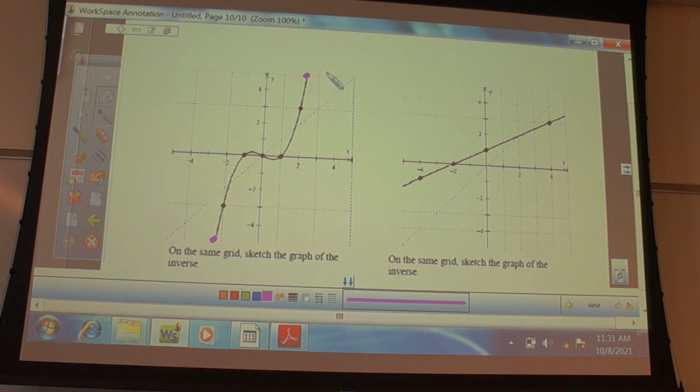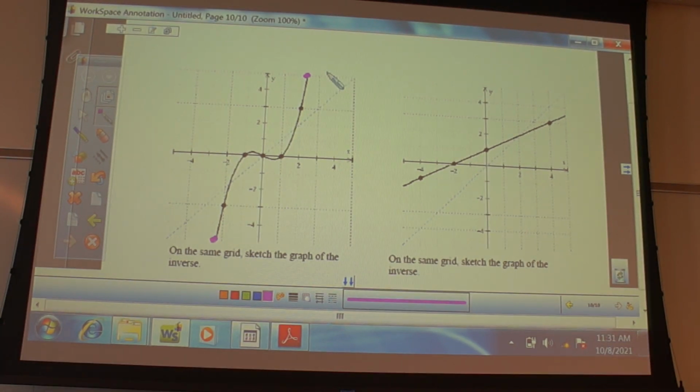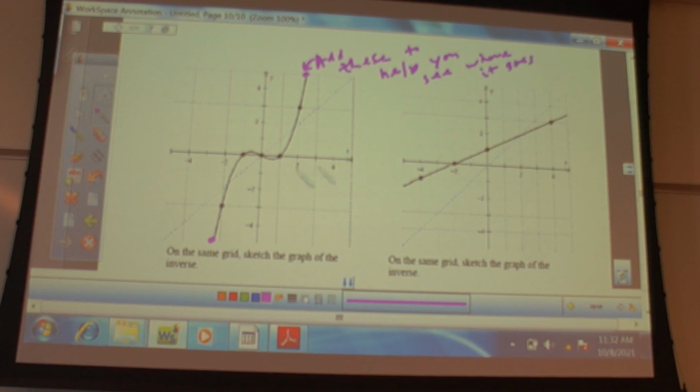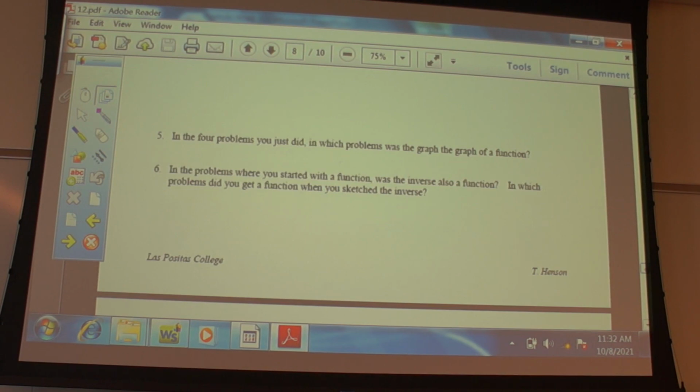I'd graph those very end ones, because otherwise it gets hard to know where it should go off the page. Then you have to figure out which ones had both the original function and the second one both functions.